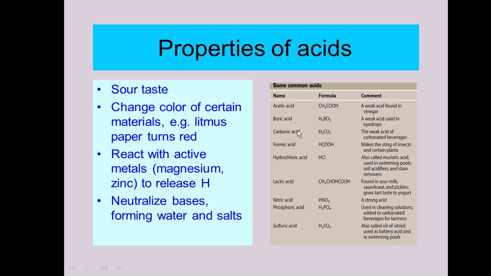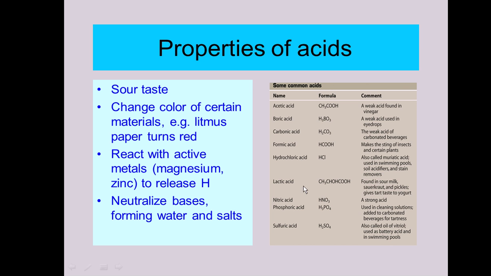Then all the drinks we drink all the time, the sodas, have carbonic acid in them. Some of the stings or bites of some insects contain formic acid. Now in our stomach, cells release an acid called hydrochloric acid, and that helps in the digestion of food.